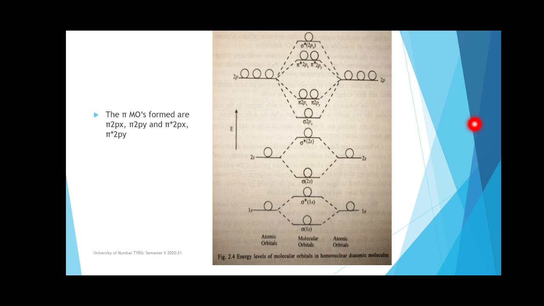If I have the same type of atoms forming a molecule, for example N2, two nitrogen atoms combine to form an N2 molecule, or C2, B2, F2 molecules and so on. There the energies of the atomic orbitals remain the same for both atoms, so 1s of the first atom and 1s of the second atom both have the same energy.